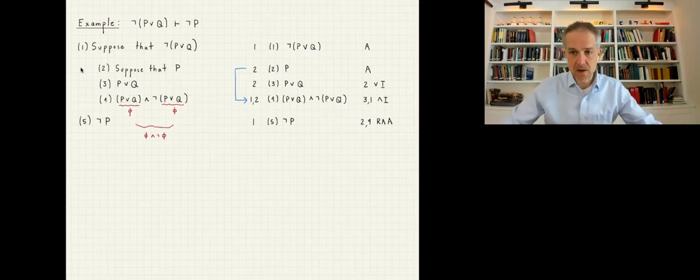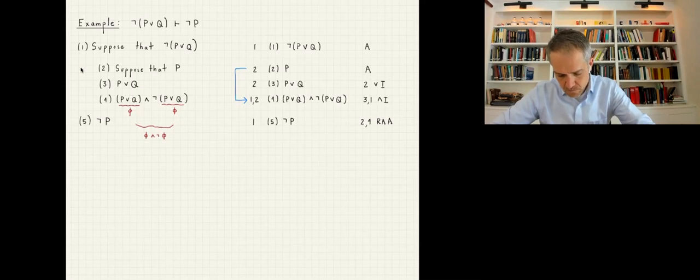And let's talk really quickly about dependency numbers. What we do in reductio ad absurdum, we see we need 2 lines. Here we have 2 is the supposition, 4 is the contradiction. So 1 assumption, 1 contradiction.